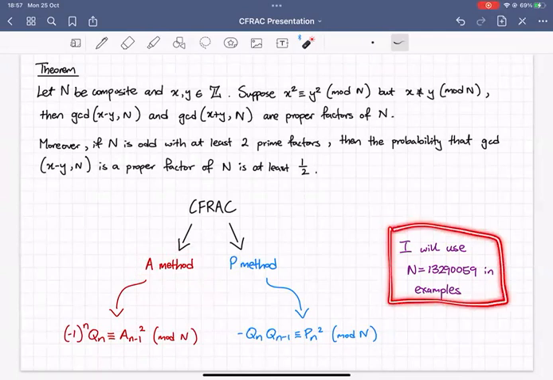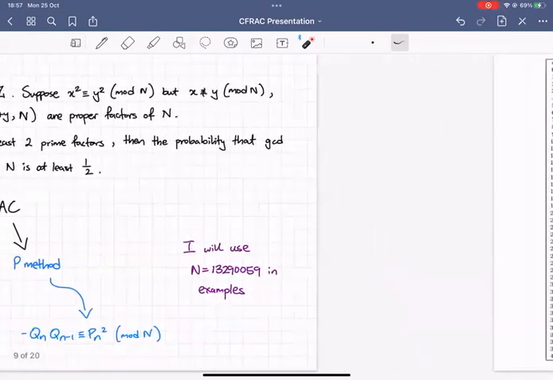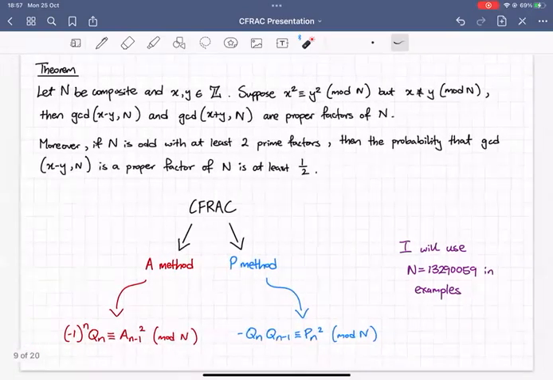I'm just stating it here for convenience. I should also say that all the theorems I've written down don't have proofs, just because I want this presentation to go quicker. I don't want to write down the proofs during the presentation. If you're looking for the proofs, then feel free to email me.